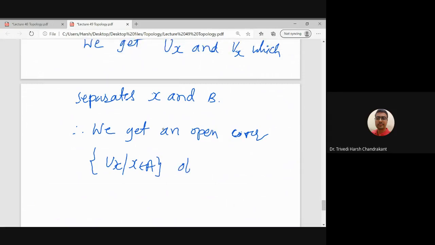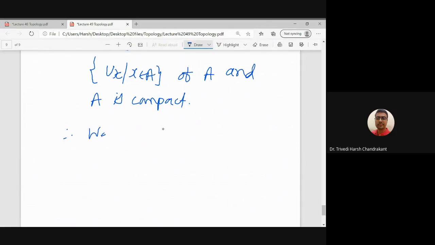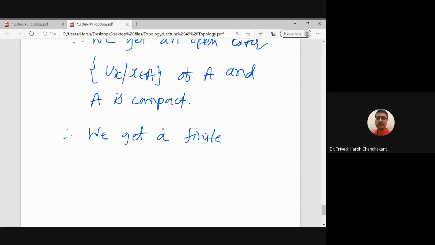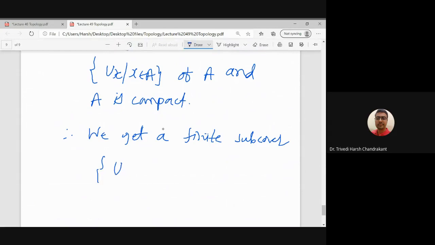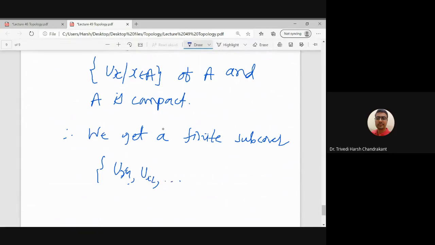This is an open cover of A, and A is compact. Since A is compact and this is an open cover, we get a finite subcover, say Ux1, Ux2, up to Uxn, of A.